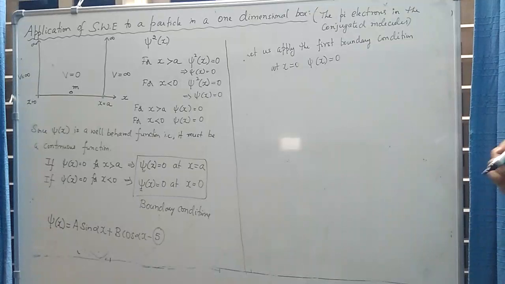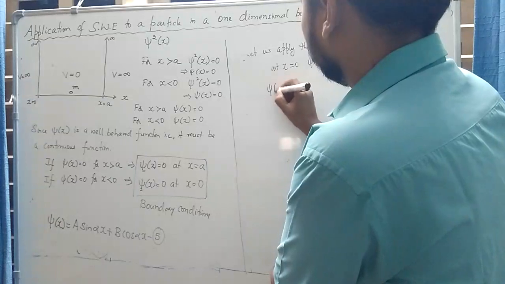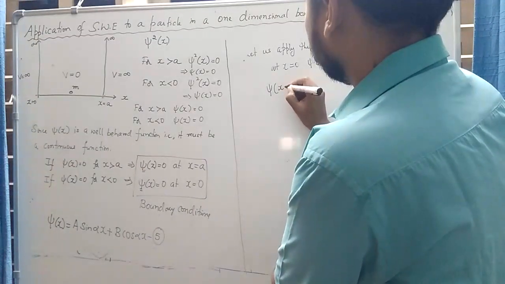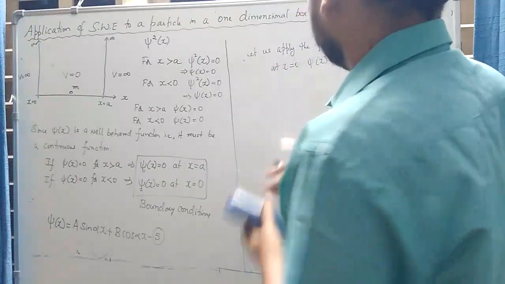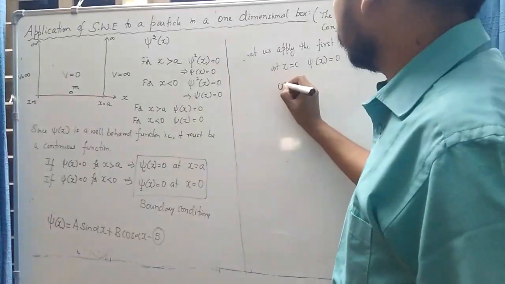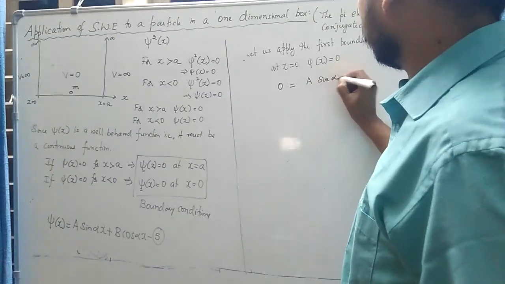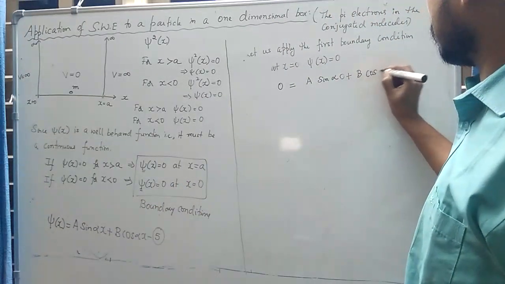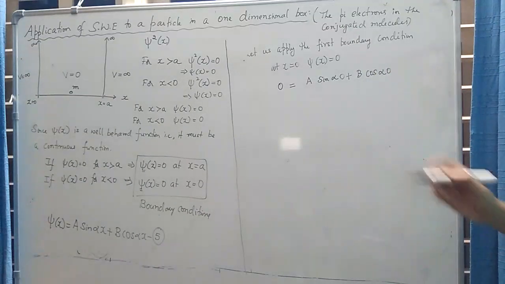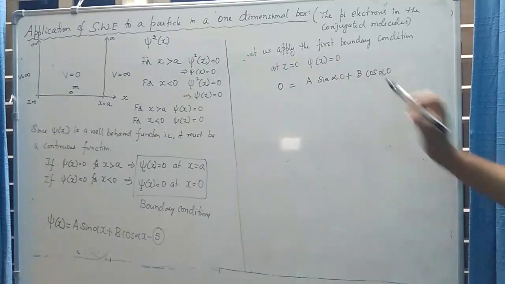Psi of x, which is now 0, is equal to a into sine alpha into x, where x is 0, plus b into cos alpha into x, but x is 0. So 0 is equal to a into sine alpha 0 plus b into cos alpha 0.